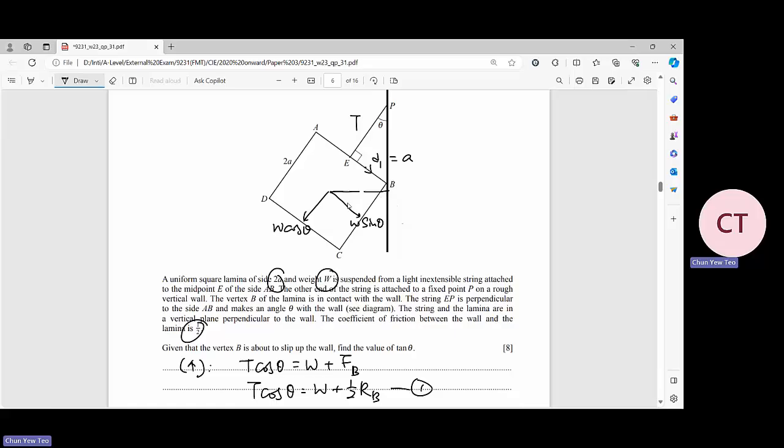The perpendicular distance of W cos theta to the point B is A, and the perpendicular distance of W sin theta to the point B is also A. So you can do it this way. One force of W, we resolve into 2 forces.